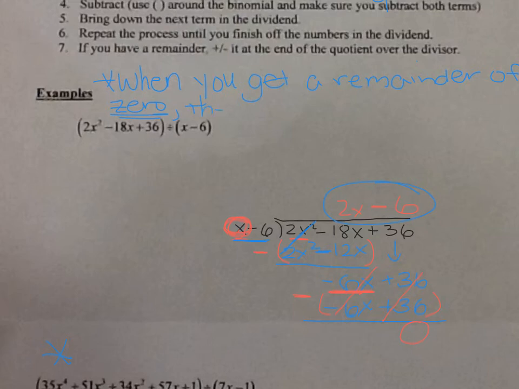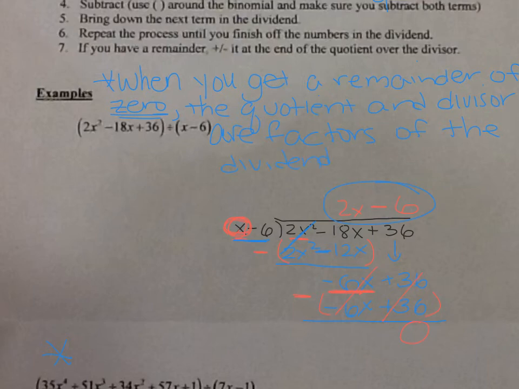The quotient, that was the answer, and the divisor, that's the number that's on the outside here. The quotient, which is this number, and the divisor are factors of the dividend.